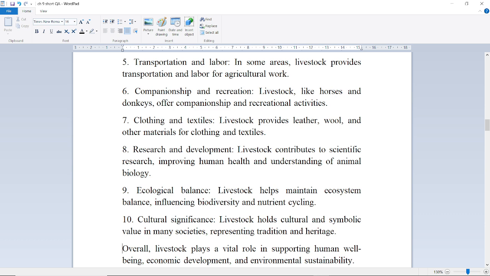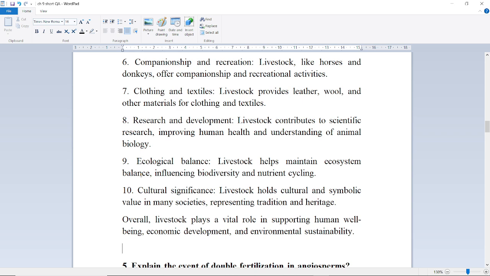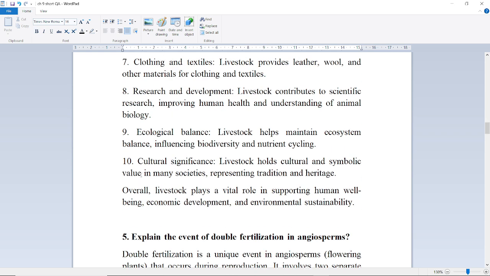Next is cultural significance. Livestock holds cultural and symbolic value in many societies, representing tradition and heritage. Overall, livestock plays a vital role in supporting human well-being, economic development, and environmental sustainability.